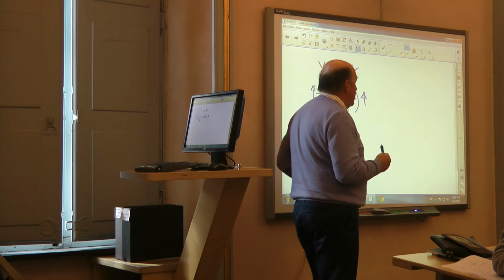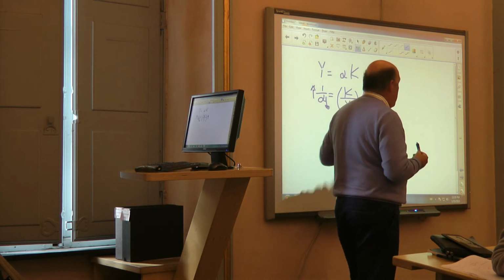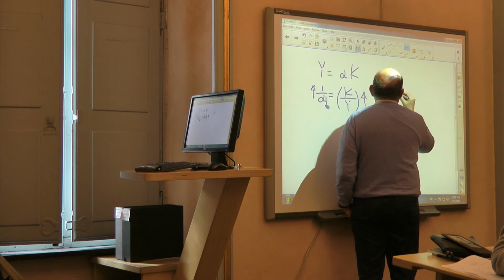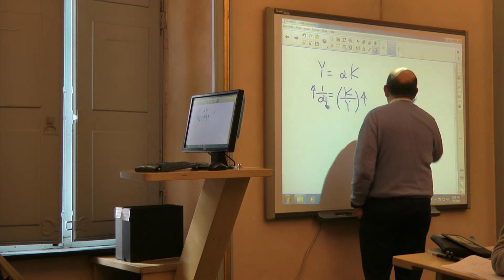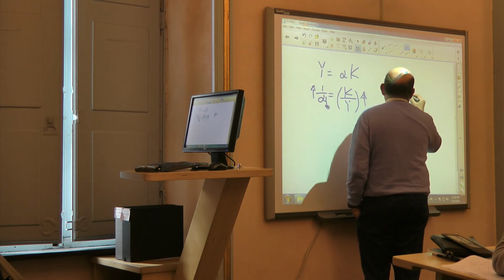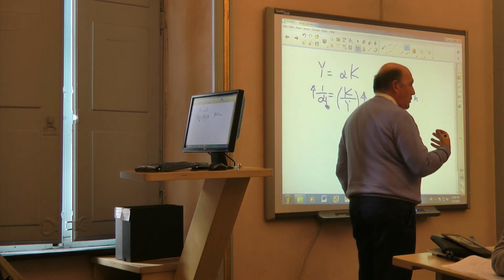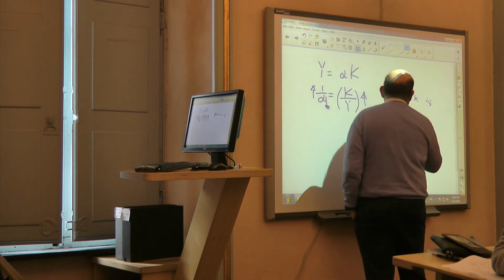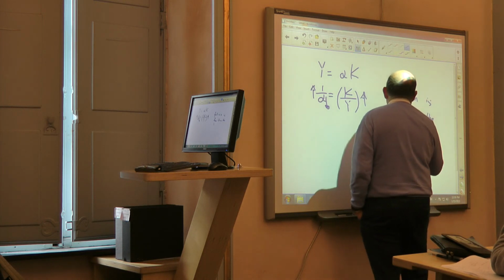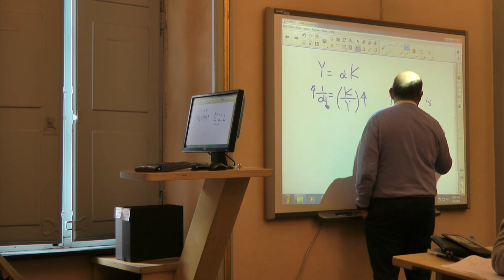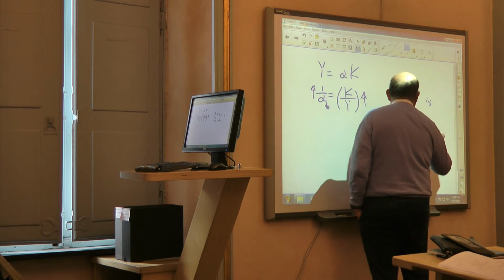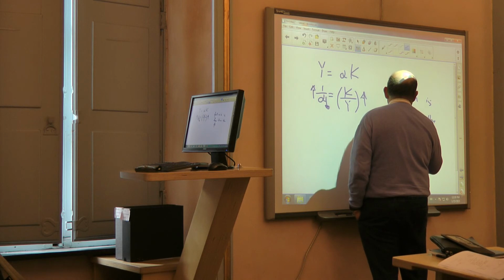Therefore, he argues that from cycle to cycle, the increase in the capital output ratio will lead to a situation whereby the fall in N is less than the fall in alpha.